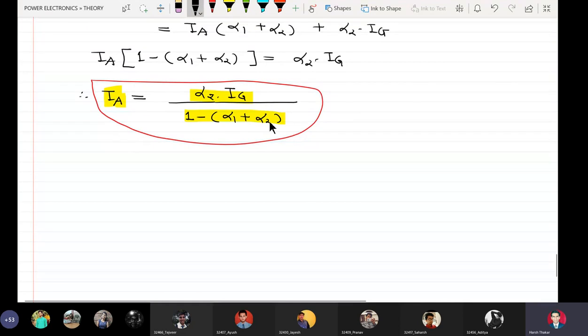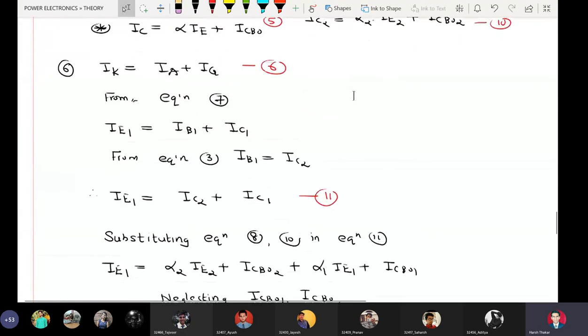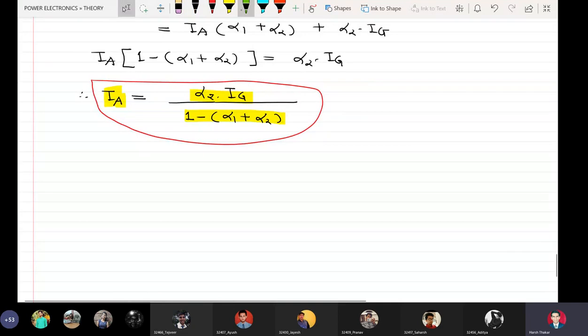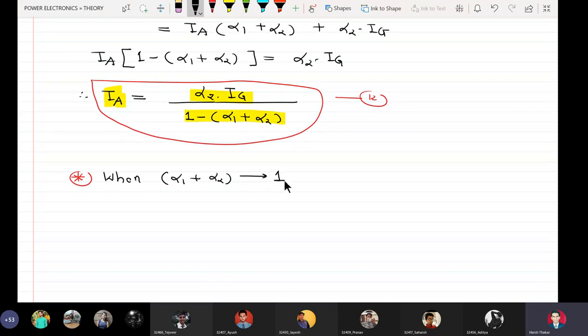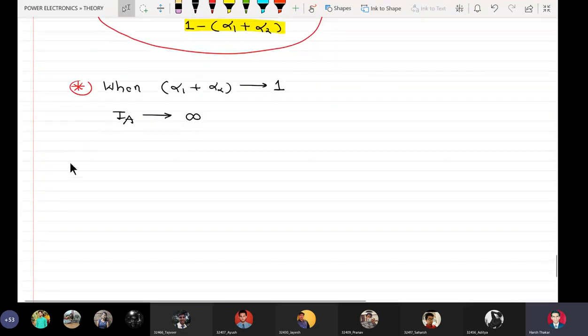This equation, equation number 12, what does it tell? It tells that when alpha 1 plus alpha 2 will tend to unity, then IA will tend to infinity.